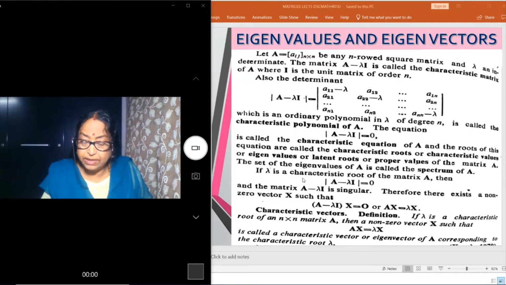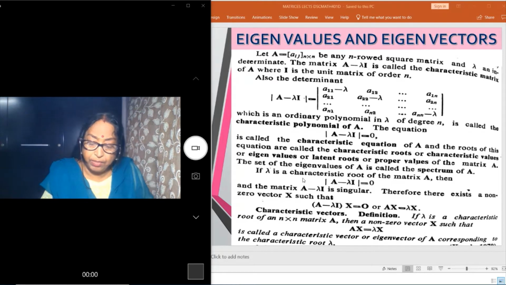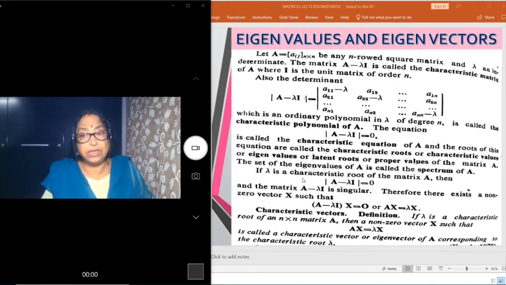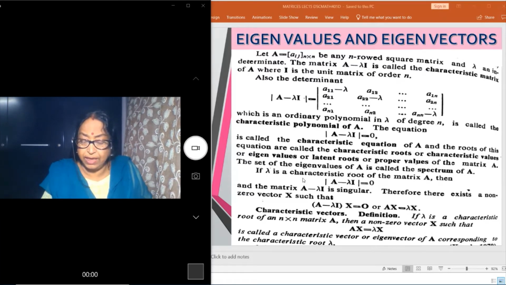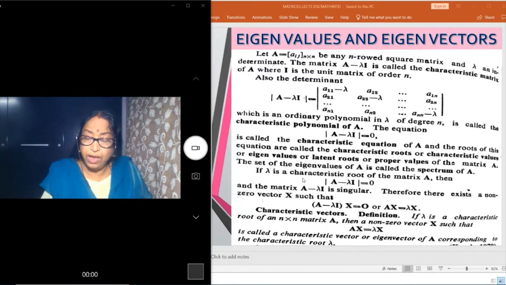a11 minus lambda, a12, and up to a1n, as you can see on the screen, which is an ordinary polynomial in lambda of degree n, because in each row there is lambda, and if we find the determinant of this matrix, that is A minus lambda I, it will have a maximum power of n.